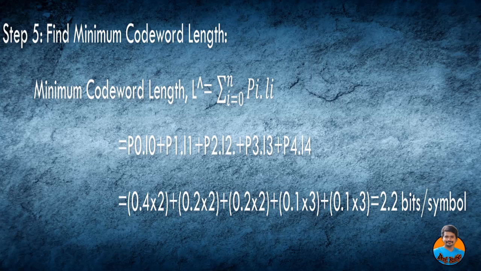Now substitute the values from our table. 0.4 into 2 plus 0.2 into 2 plus 0.2 into 2 plus 0.1 into 3 plus 0.1 into 3. The total calculated value is 2.2. Here the unit is bits per symbol.